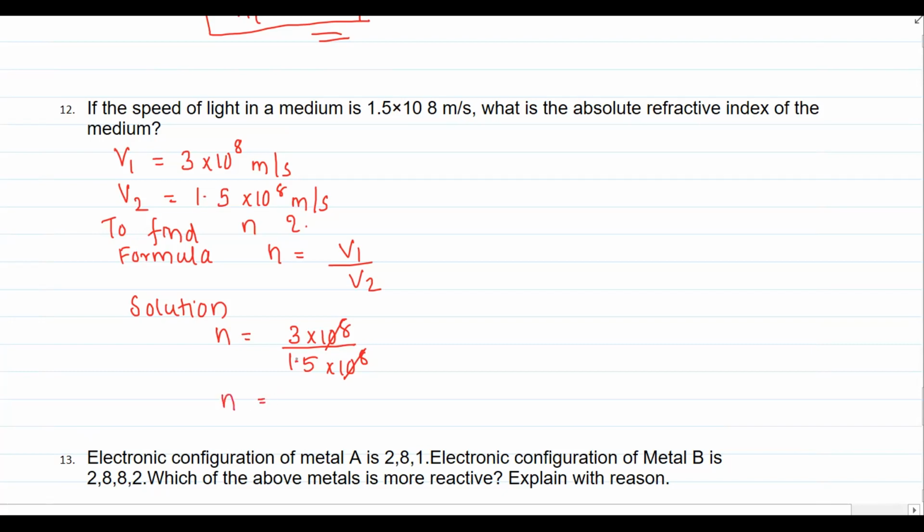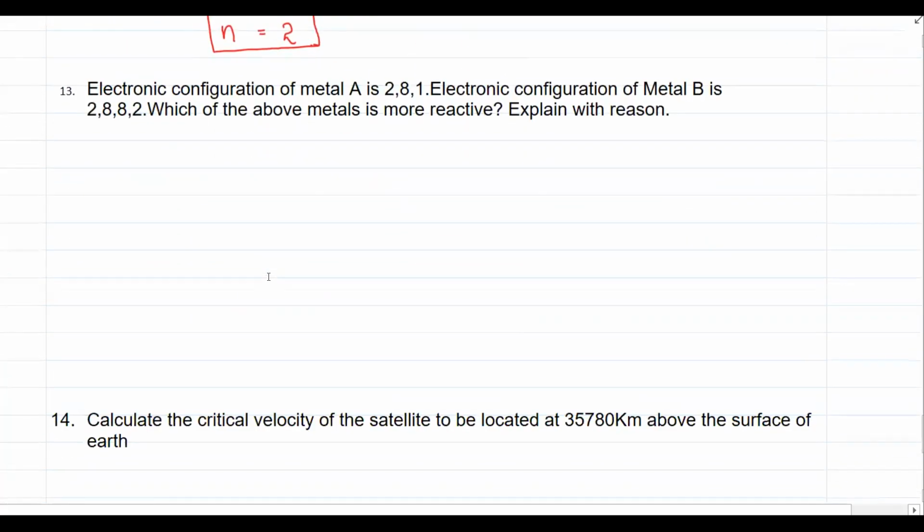To remove the decimal, we can multiply numerator and denominator by 10. So it will become 30 upon 15. We will get 2. So refractive index N is equal to 2. I hope you all understood this. Let us solve for the next question.